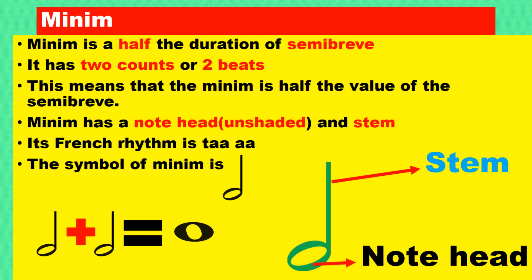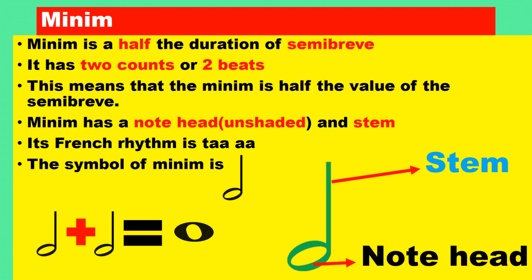Its French rhythm has 2 beats, so you say ta, ta. So one minim plus another minim forms a semi-breve. Remember, the semi-breve is the highest note.